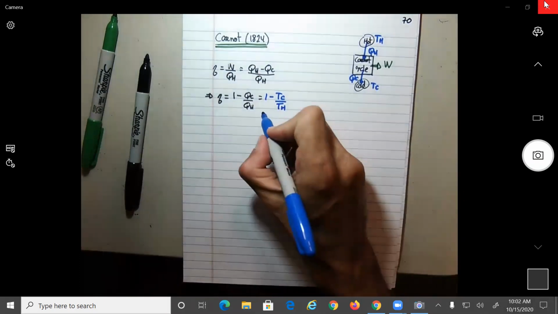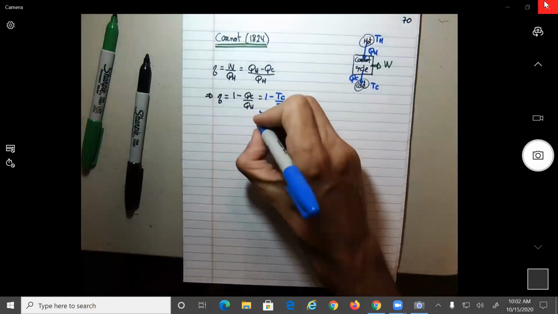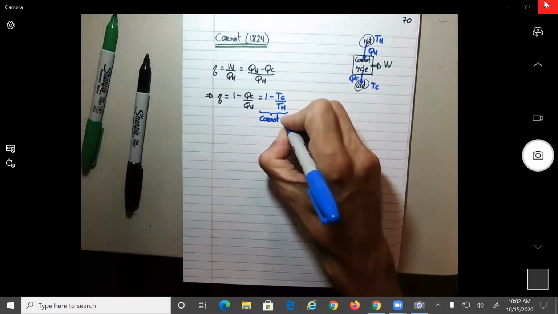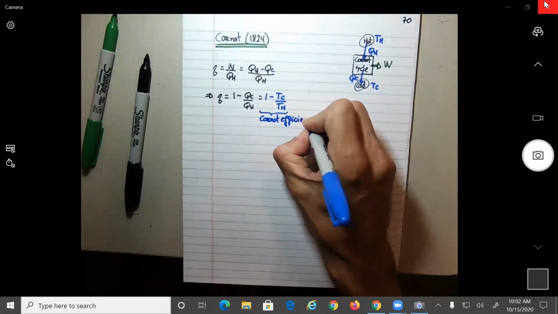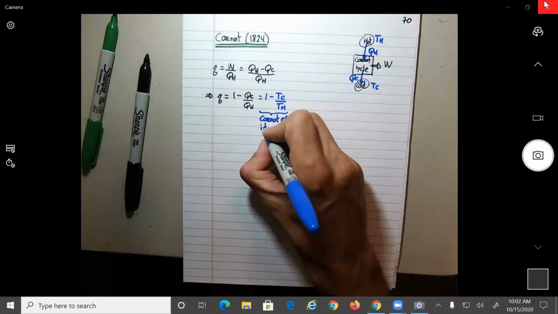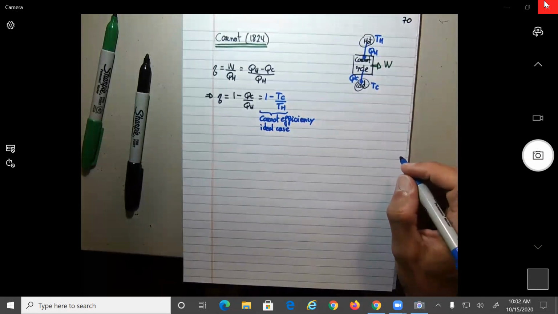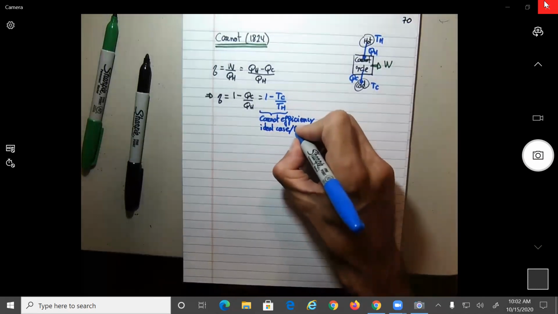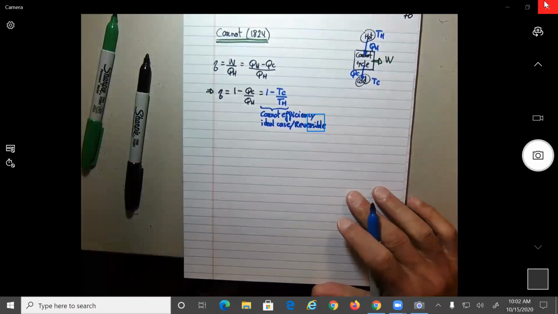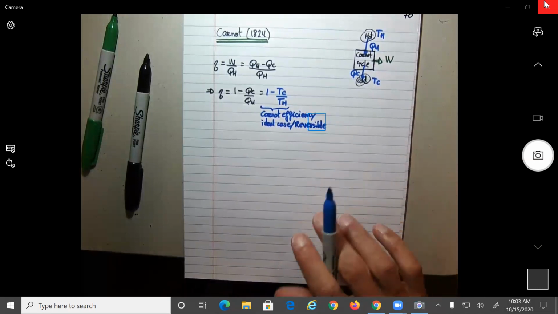Okay, so this part over here corresponds to the Carnot efficiency, or basically what we mean, this is the ideal case. Which means that the system is not reversible, but you will assume that it's reversible. Why do I have that square over there?